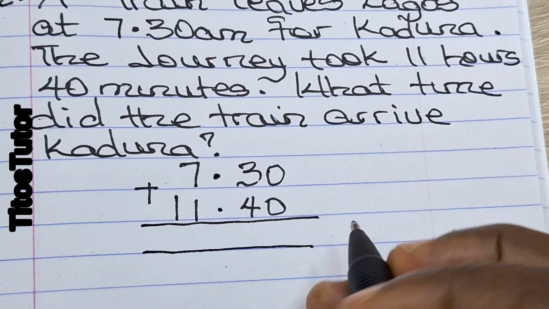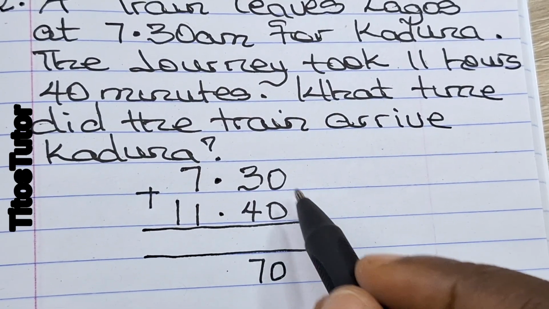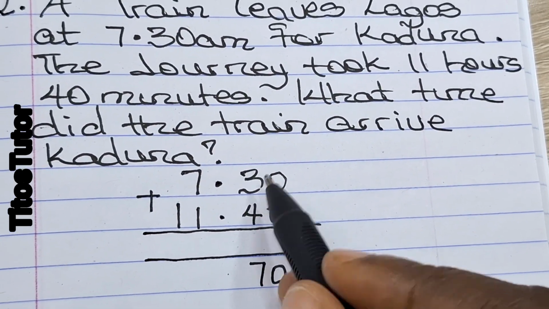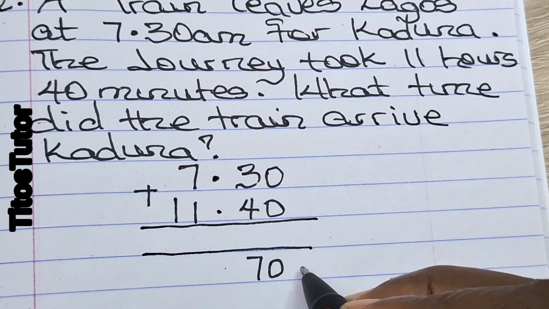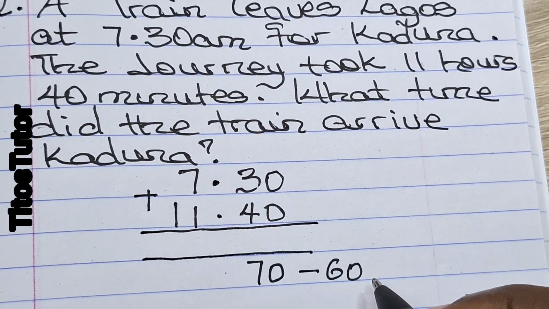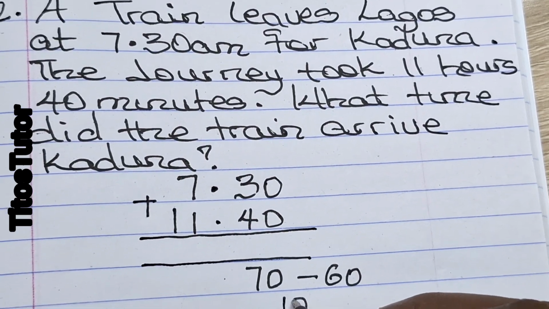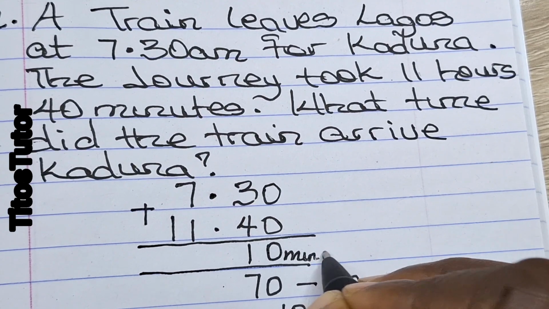So 30 plus 40 is 70. And you know 70 is too much to be in the minute place because there are 60 minutes in an hour. So I'm going to subtract 1 hour for a minute, which is 60 minutes. It gives me 10. So here I'm left with 10 minutes, right?